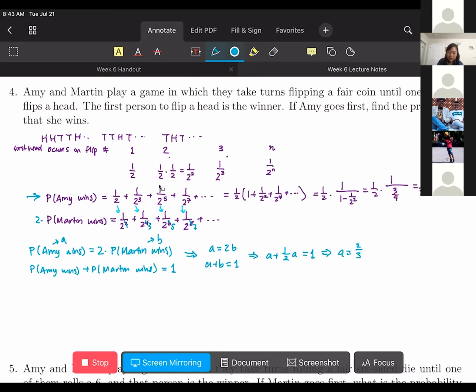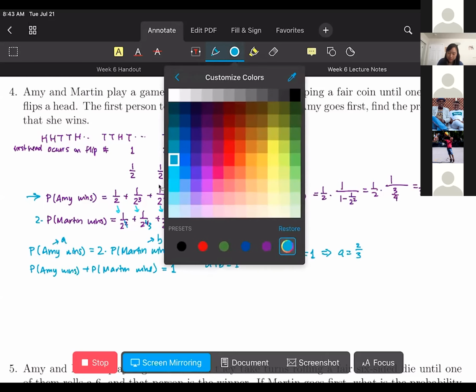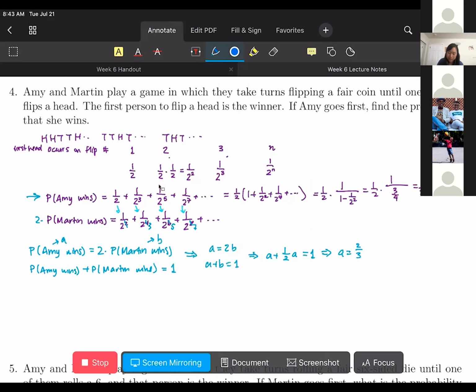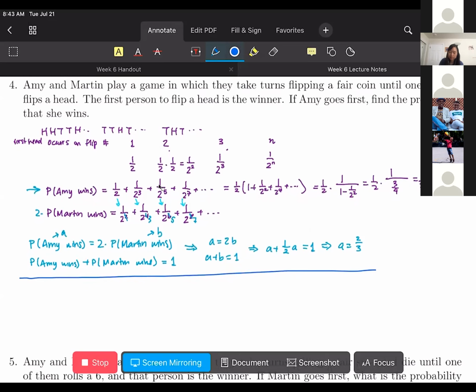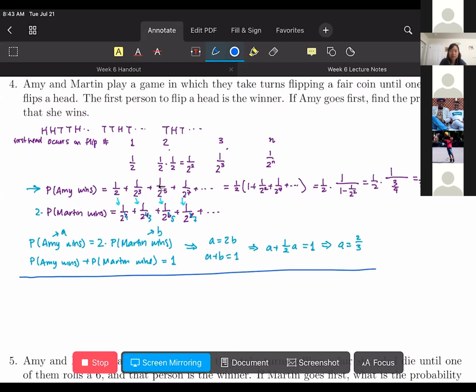All right, so I want to explain just one more way we could do this, which I think is really nice. Another way we could think about this is, let's say that the person whose turn it is to flip, maybe we can use the term they have control. So when Amy goes first, she first has control. So she's the one who's flipping.